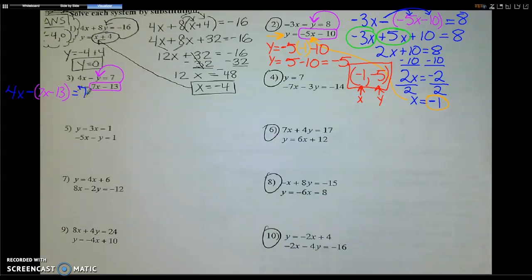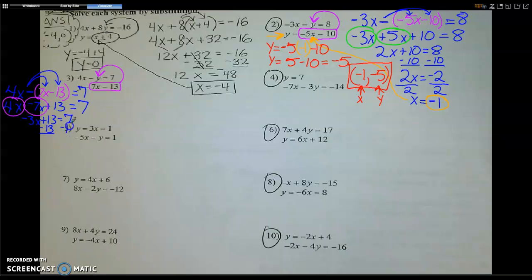Now, going through and solving, we've got to distribute the negative. Negative times 7 is negative 7x. Negative times negative 13 is a positive 13. Bring everything else down. Combining like terms, we can combine our 4x and our negative 7x. That leaves us negative 3x plus 13 equals 7.